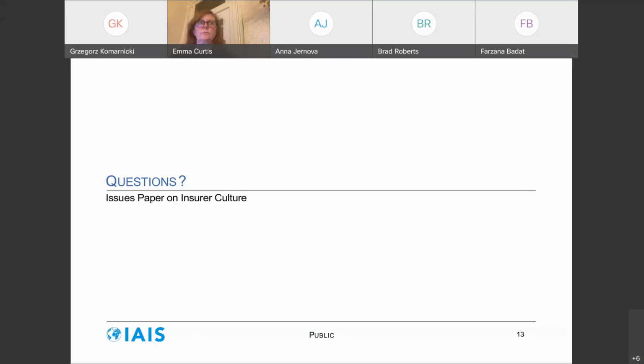One of the other things that would be really great to get from stakeholders are their own examples, similar to the examples we've used in the paper, where they've seen particular types of culture or particular cultural drivers lead to specific outcomes. And I just want to emphasize that a lot of these questions have been conduct specific, but the intention of the paper is to look at culture from both the lens of conduct and prudential outcomes. So that would also be very helpful.